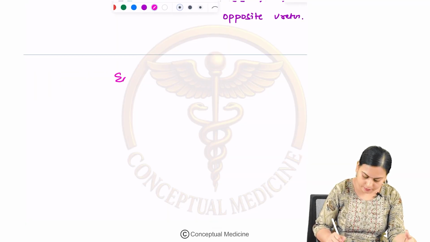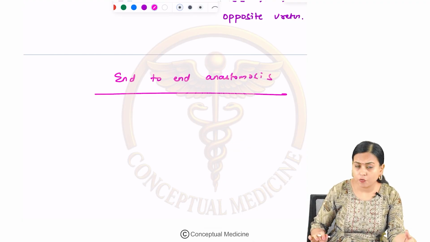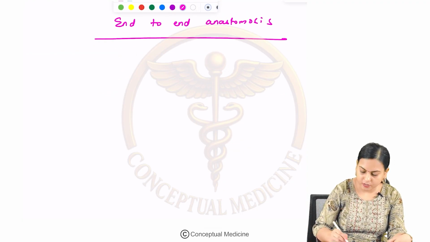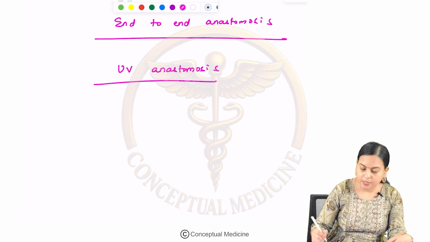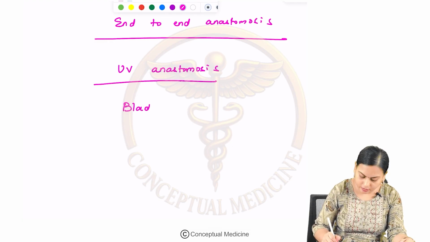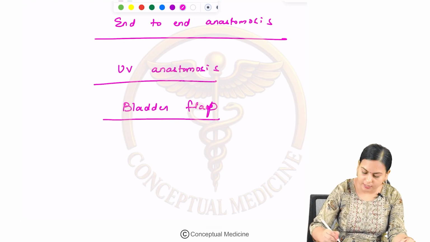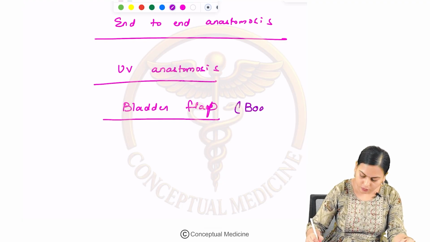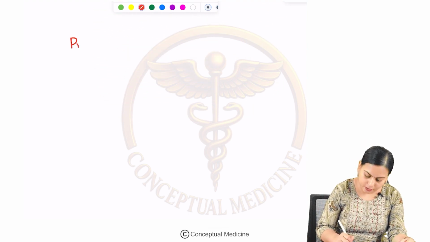You can also give them end-to-end anastomosis, that is done over a urinary catheter, or a ureterovesical anastomosis that can be done with or without bladder mobilization. And finally, you can use bladder flap. Okay, so this technique is known as Boari technique. Clear?